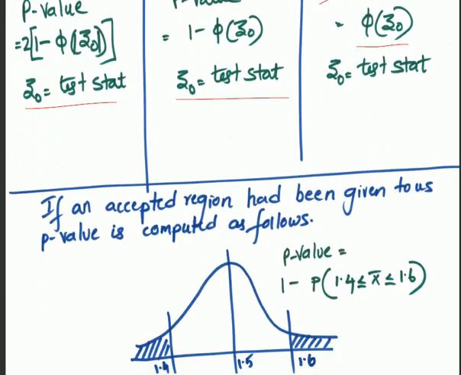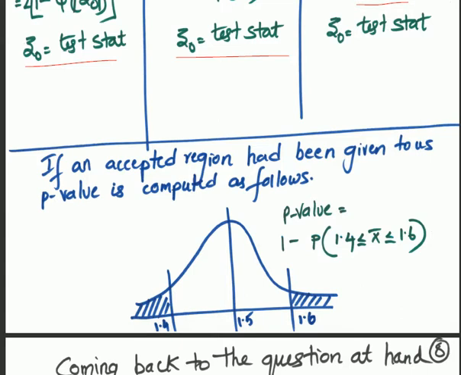And sometimes, like in the previous example, the foam height and the shampoo example, we had already an acceptance region that was given to us. So if an acceptance region has been given to us, you can compute the p-value as follows. Let's say, sticking with this problem, your mu is 1.5, and the acceptance region, I'm just throwing this example, these values do not pertain to this problem, is between 1.4 and 1.6.